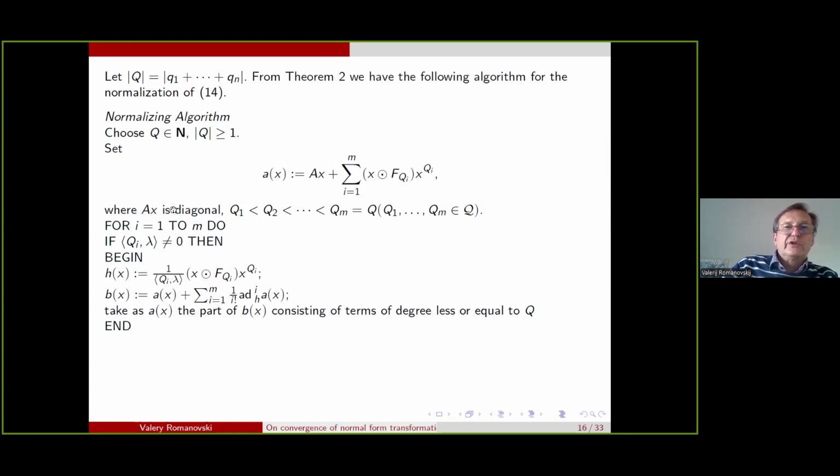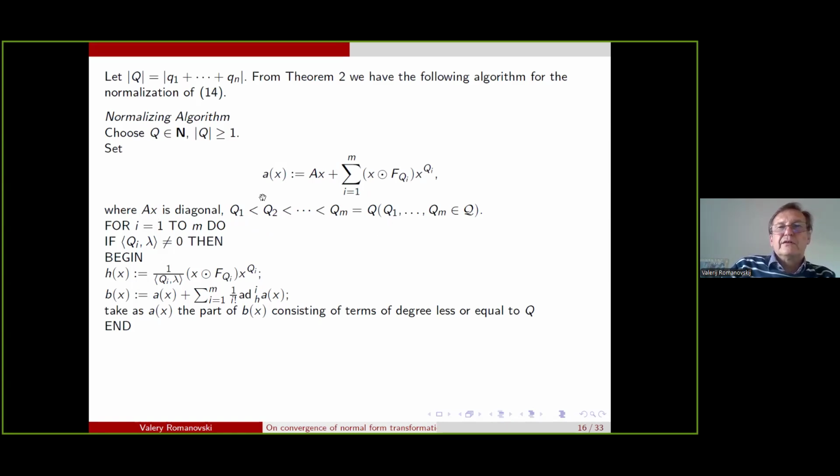So this is given, A of x is given. A is diagonal, but it's not necessary. Our algorithm in fact works for Jordan form. It can be in a Jordan normal form, not necessarily diagonal. But for simplicity, I assume that it's diagonal.